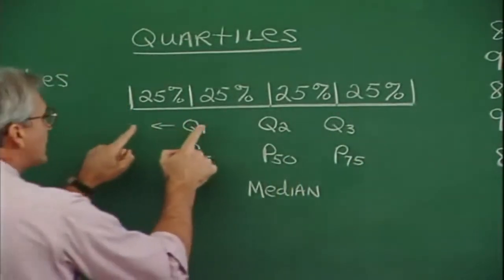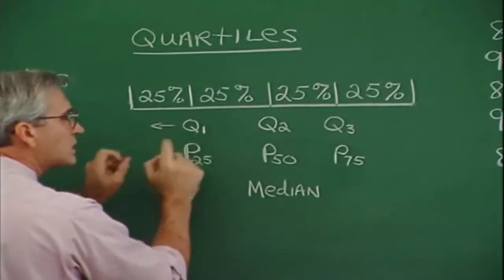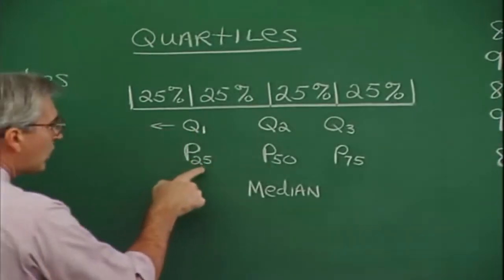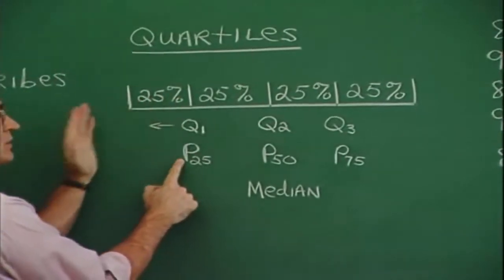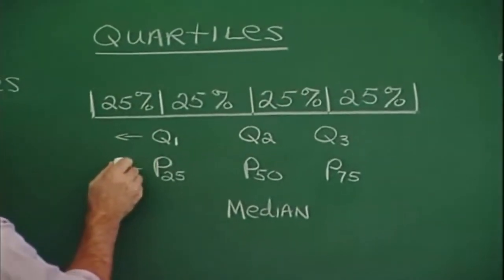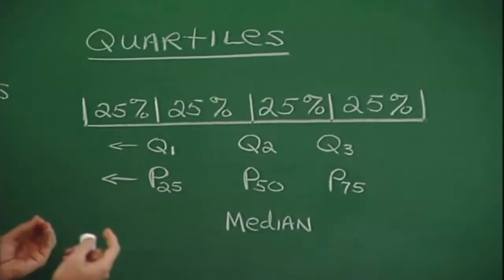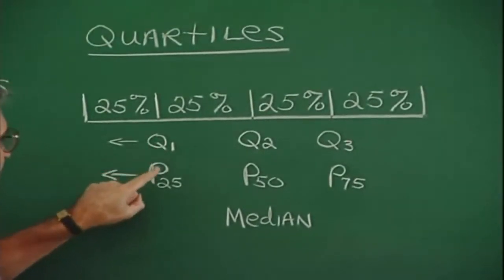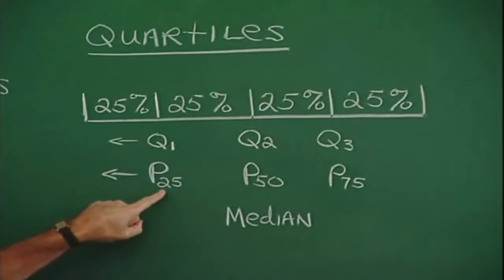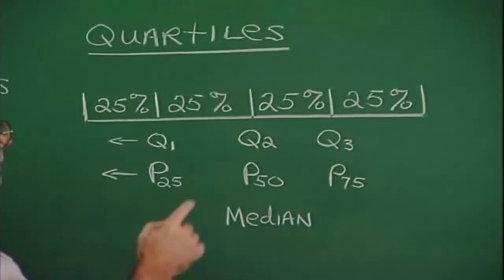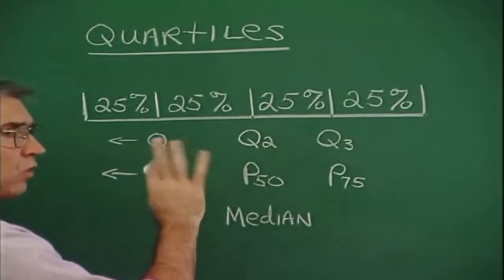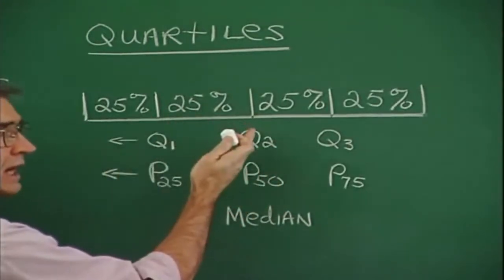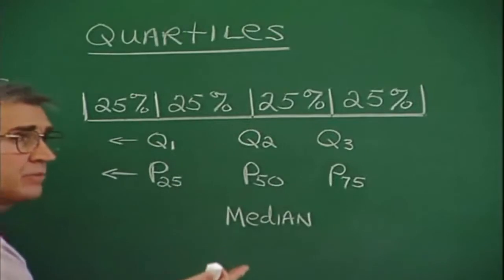Now this number, this first quartile number, is also the 25th percentile, because 25% of the values lie below that number. So the same value that is the first quartile number is also the 25th percentile number. The second quartile number, if we're talking quarters now, is 50%.